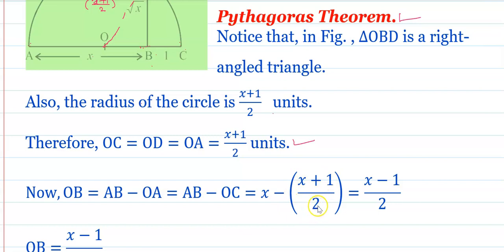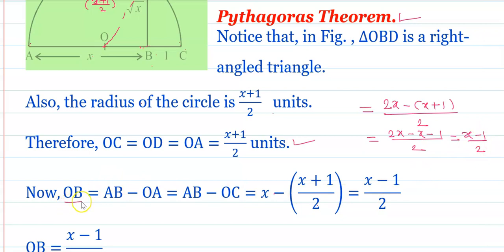If we simplify, that is 2 into x, here you will get 2x, minus, in bracket, x plus 1, this whole divided by 2. If you open the bracket, you will get 2x minus x minus 1 upon 2, and 2x minus x gives x minus 1 upon 2.